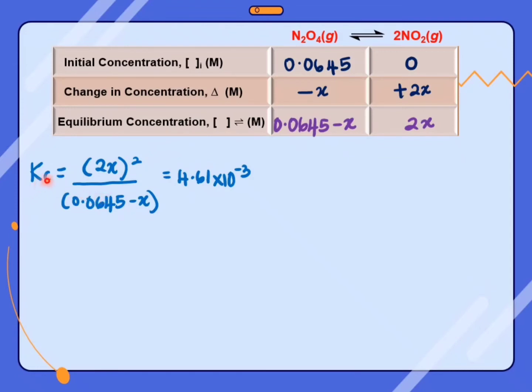And we know that the value of Kc from the question is 4.61 times 10 to the power of negative 3. And then you need to solve this calculation.